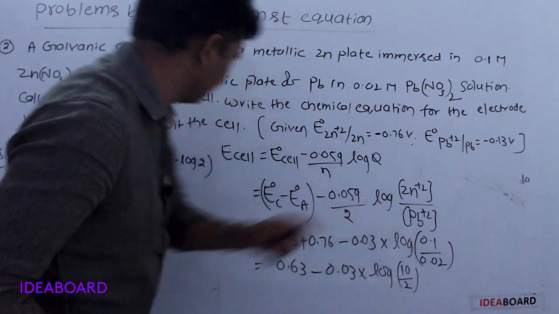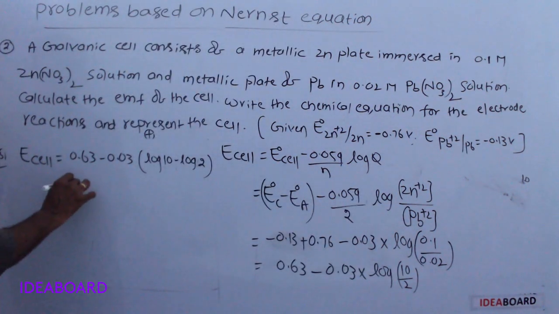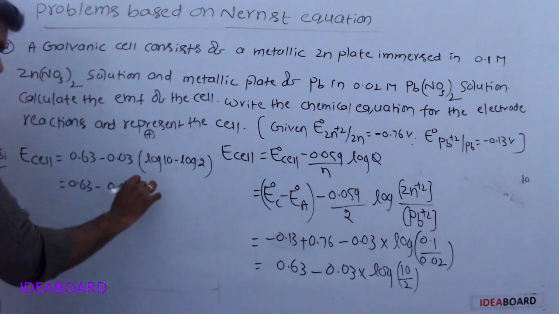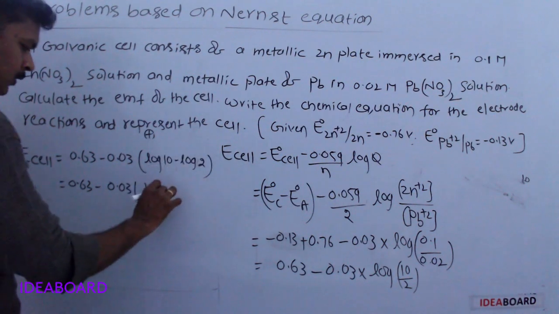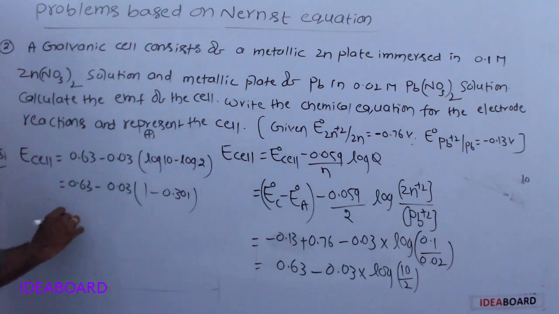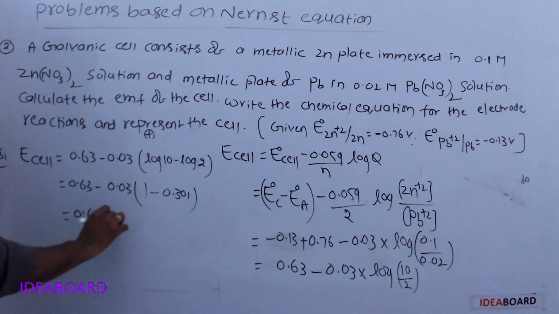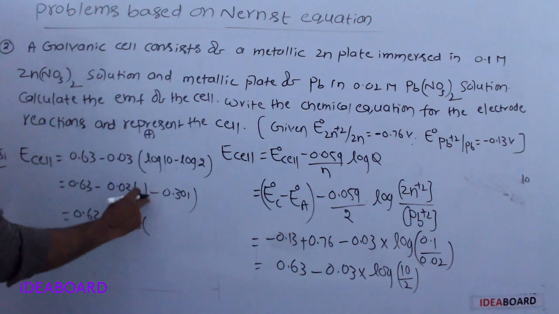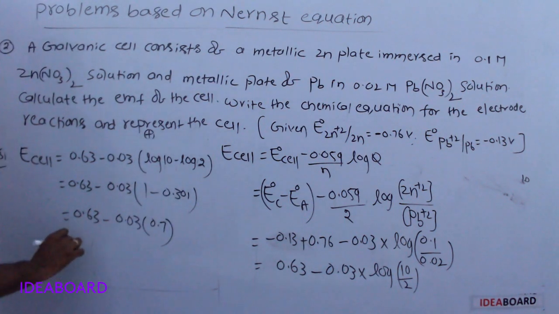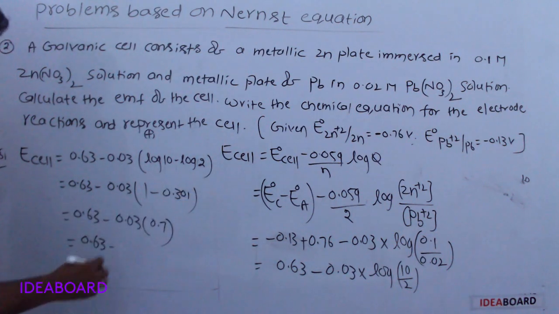So 0.63 minus 0.03 into the log 10 value, which is 1, minus the log 2 value, 0.301. We can take 0.3, so 1 minus 0.3 is 0.7. Then 0.63 minus 0.03 into 0.7.